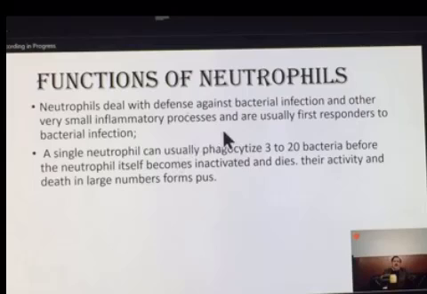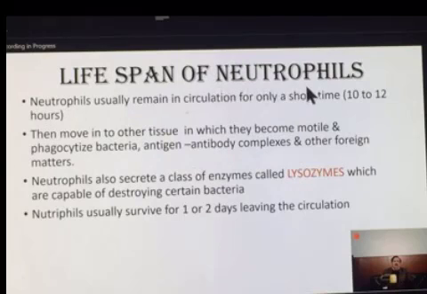Arriving at that area, they start to phagocytize the cells, and one neutrophil can phagocytize 3 to 20 bacteria. It depends on the virulence or power of the bacteria. So one neutrophil may kill 3 bacteria or maybe kill 20, and at the last they also die. Lifespan of neutrophil. When neutrophils are secreted by the bone marrow, they are added to the circulatory system.